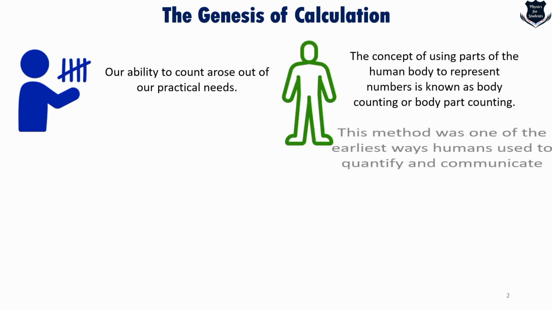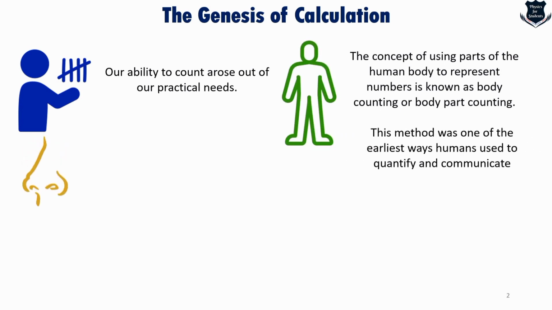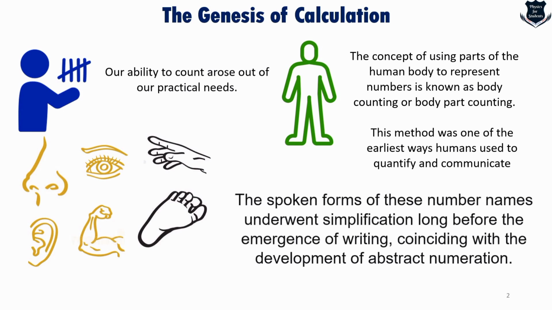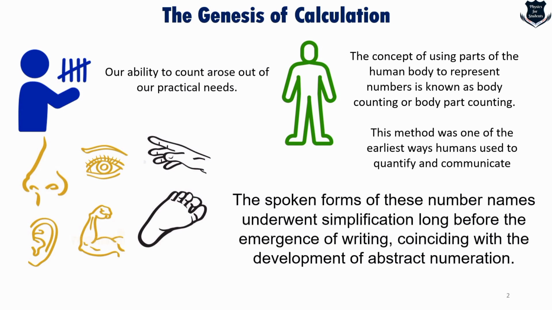For example, nose, eyes, ears, arms, hands, feet, and particularly fingers and toes in a specific order, so that the numbers of these organs and members double as names of numbers. These number names were eventually simplified in their spoken forms long before the advent of writing, as the concept of abstract numeration came into being.